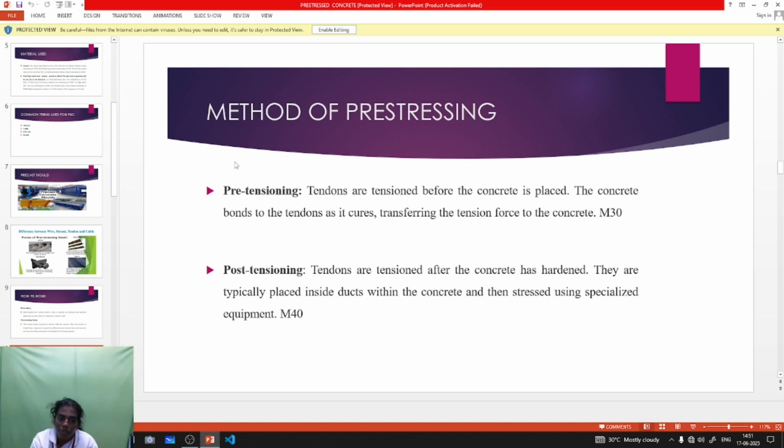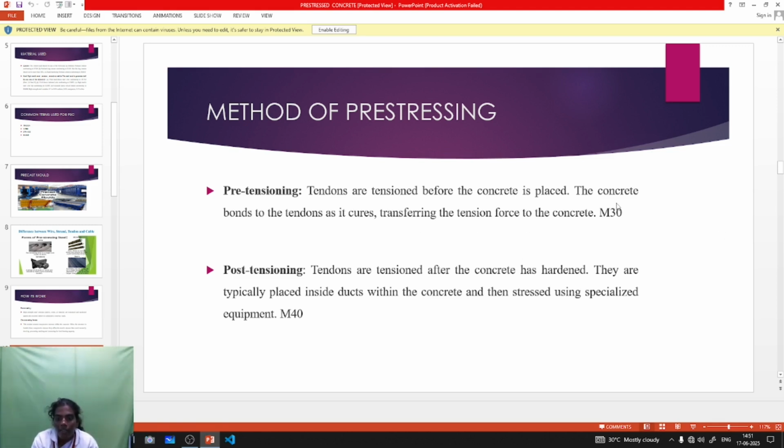Pre-tensioning means the tension is applied to the member before concrete is placed. This is pre-tensioning. The concrete bonds to the tendon as it cures, transferring the tension force to the concrete.